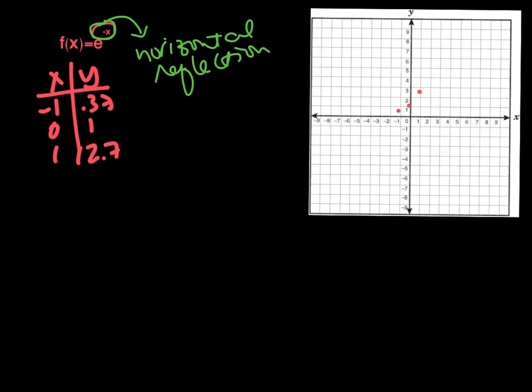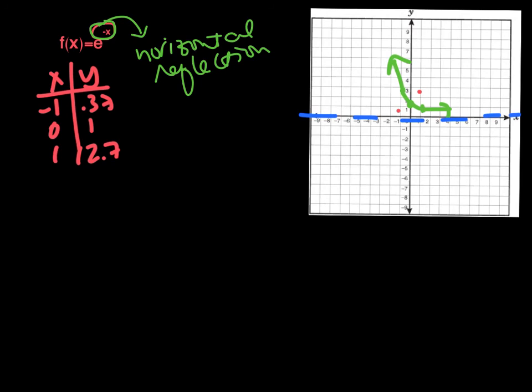So all I need to do is reflect these values horizontally. Let me make this a fatter pen. And this will be my graph. Asymptote in the same place.